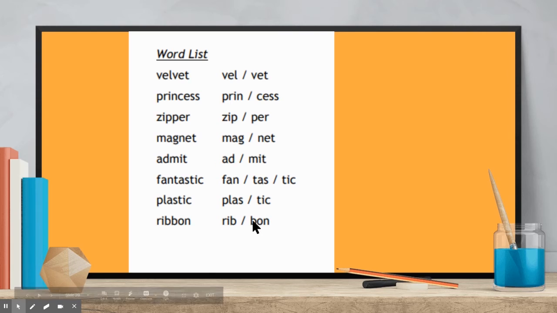These are the main multi-syllable words that are in the story on the next slide. We have velvet, princess, double S's, zipper, magnet, admit, fantastic, plastic, and ribbon.